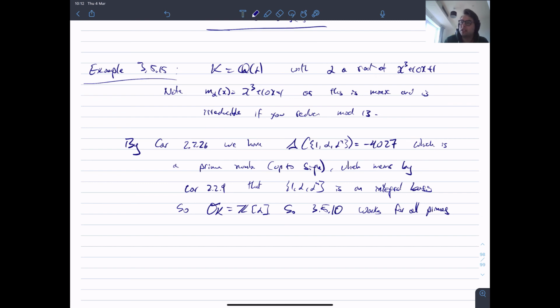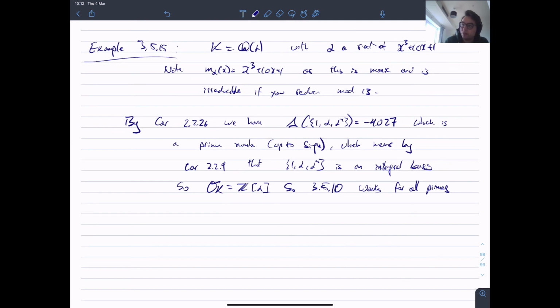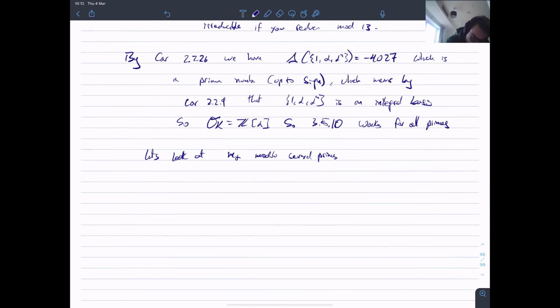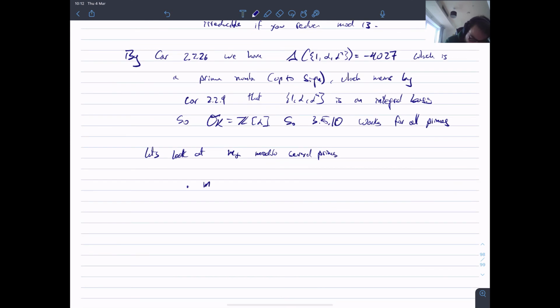So let's check how some of these primes split. Let's look at M alpha modulo several primes. Let's do the first one, M alpha of x bar mod 2. If you figure it out, this is x plus 1 times x squared plus x plus 1 mod 2.